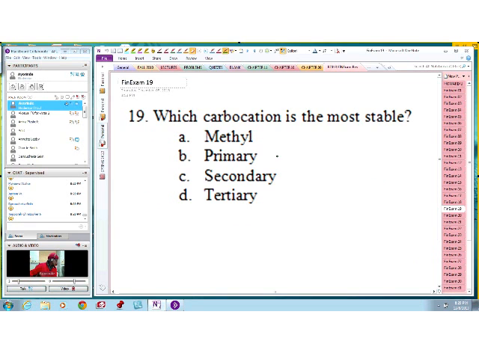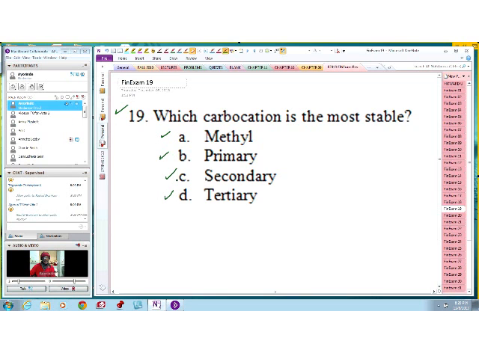Masha K., can you read this question for us? Which carbocation is the most stable? You have the choices here: methyl, primary, secondary, or tertiary.